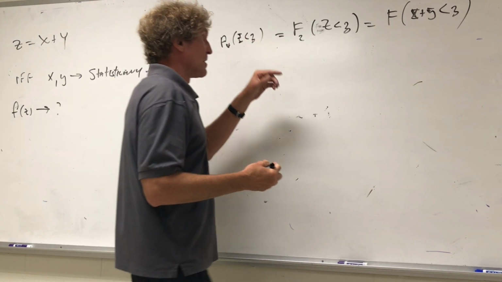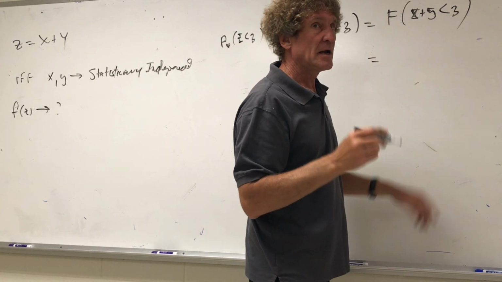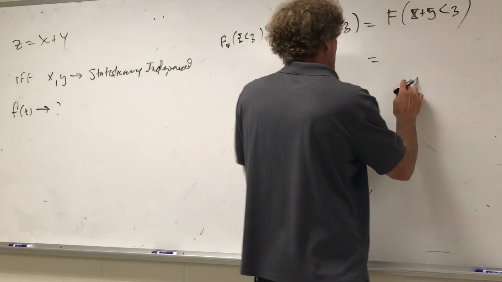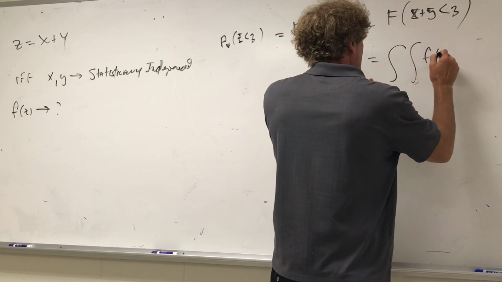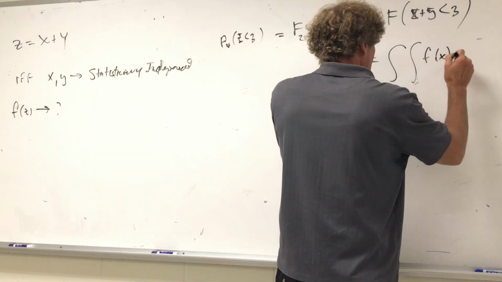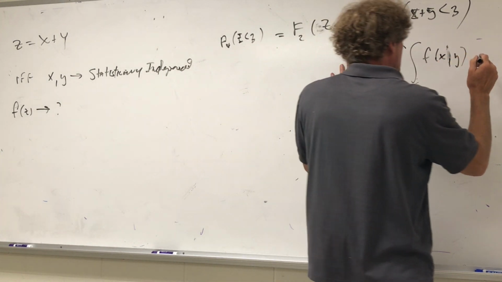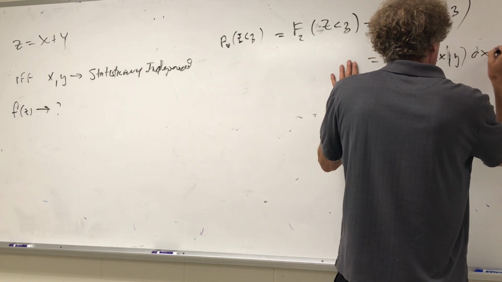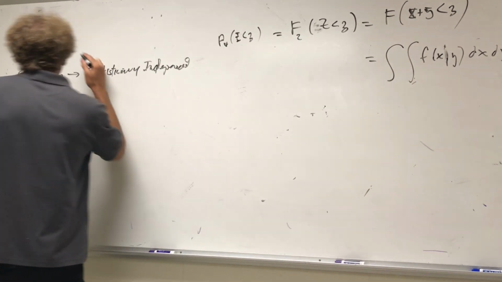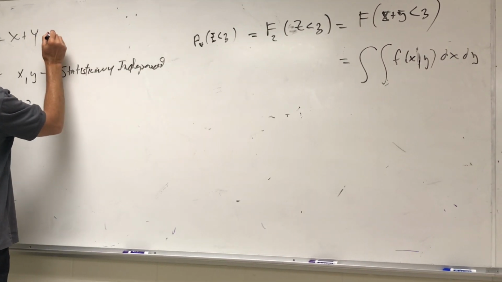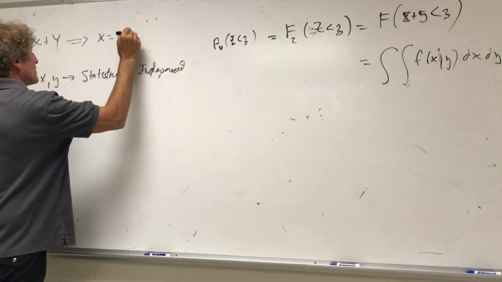Now, if they are statistically independent, I can say that this is equal to a double integral of f of xy, dx dy. Because we have x plus y equals z, and z will be known, we can say that x itself is going to be z minus y.